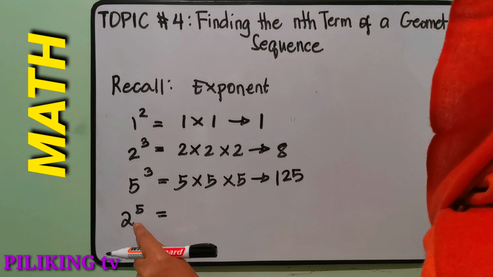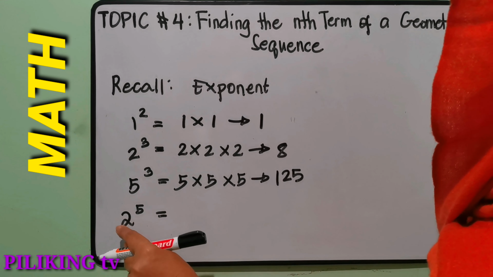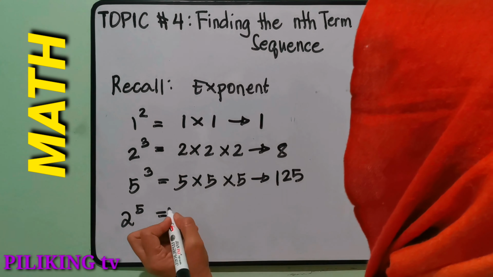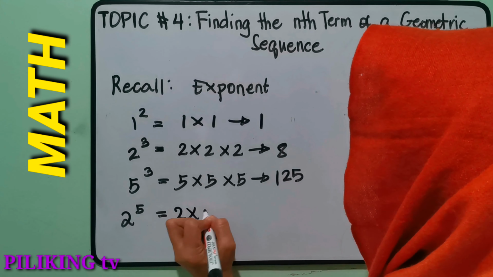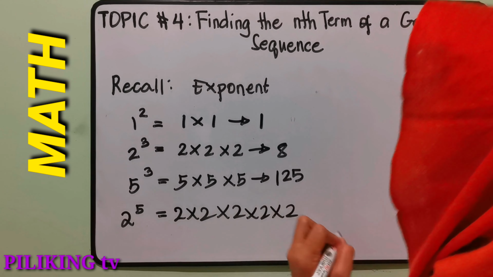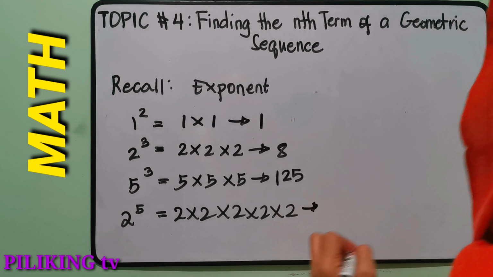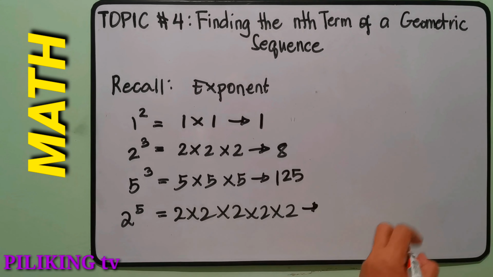Next, we have 2 raised to 5. So the exponent is 5, and you have to multiply 2 by itself 5 times. So 2 times 2 times 2 times 2 times 2. That's 1, 2, 3, 4, 5. So that is equivalent to 32.